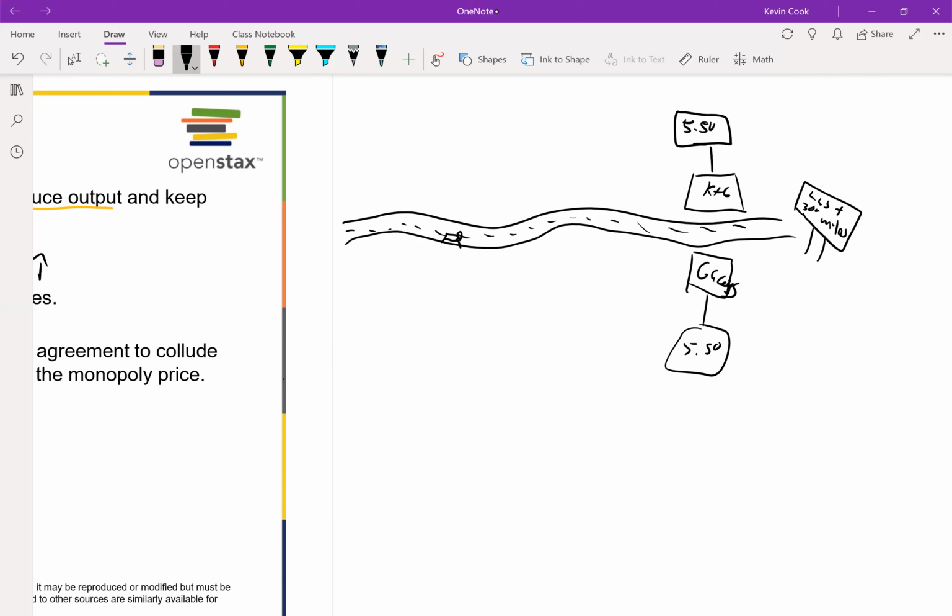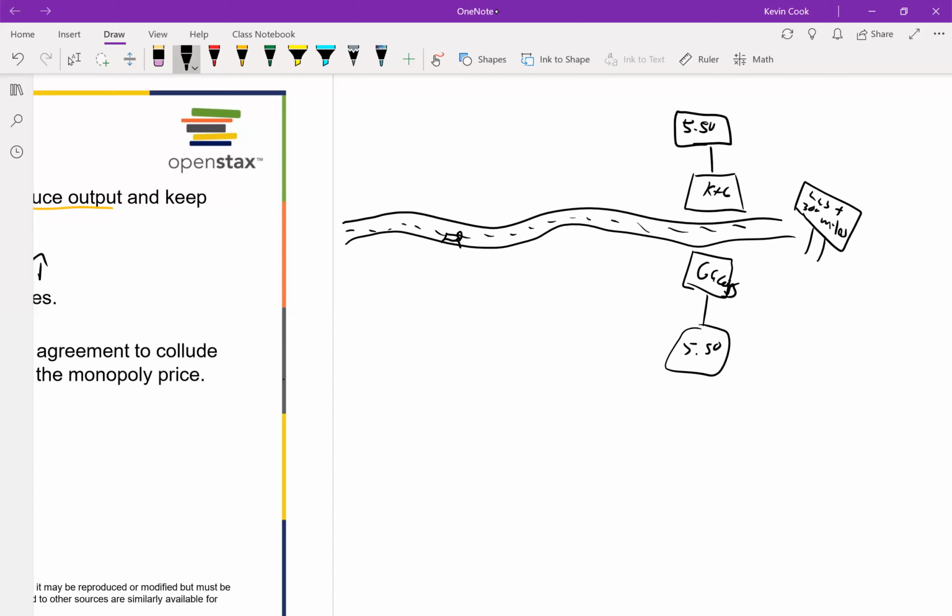Now, if I'm going towards this sign that says last gas for 300 miles, more than likely, I'm going to make the turn into Casey's because it's more convenient to turn right than turn left. Because if I turn left, I have to cross traffic. I have to maybe deal with the red light. Whereas if I turn right, I can turn in, turn out, and I'm good to go.